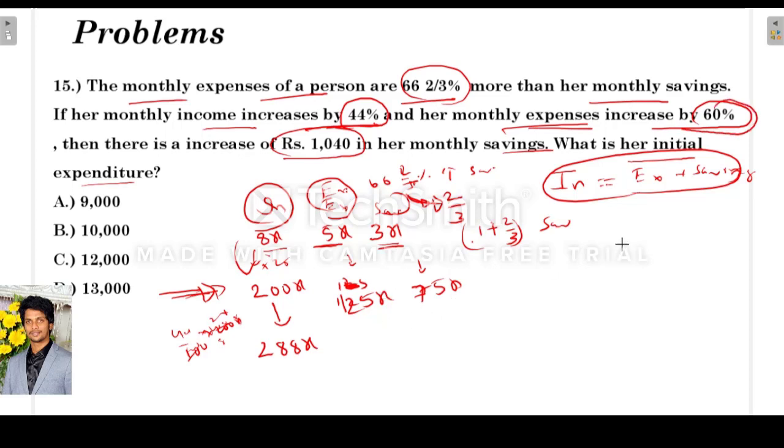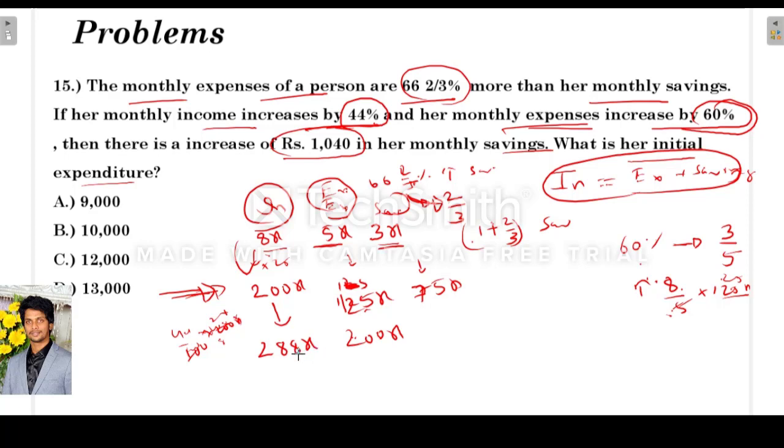So 60% corresponds to 3/5, right? So a 60% increase means we have to multiply this with 8/5 to get the new expenditure. So 8/5 into 125x will be 5 into 25 into 8, which is 200x.